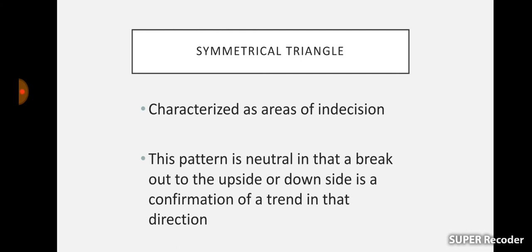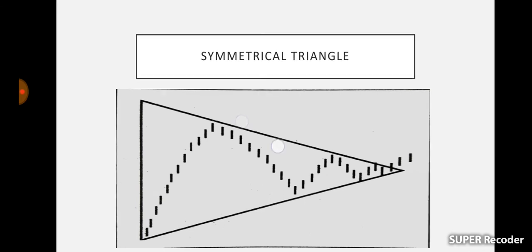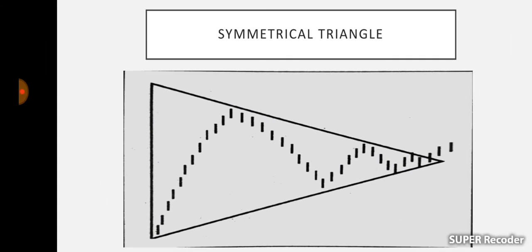The symmetrical triangle is a pattern in which two trend lines converge, here like this, converge towards each other. That means if the breakout is towards the upside, then a bullish tendency will be there.